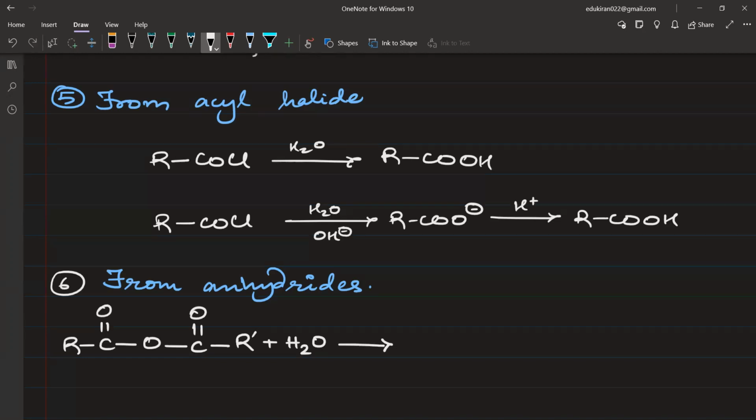One of the R groups is going to make one carboxylic acid, and this here is going to make another carboxylic acid. Understand it like this. Hydrogen gets to this oxygen and OH gets to the other fragment. So you will have R, C double bond O, OH plus R dash bonded to C double bond O, bonded to OH.